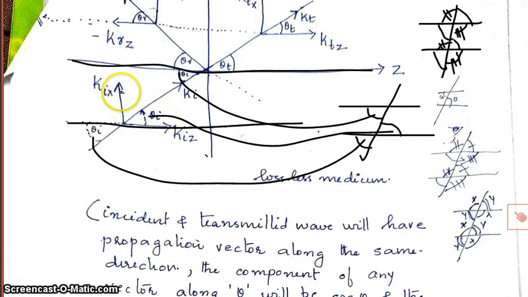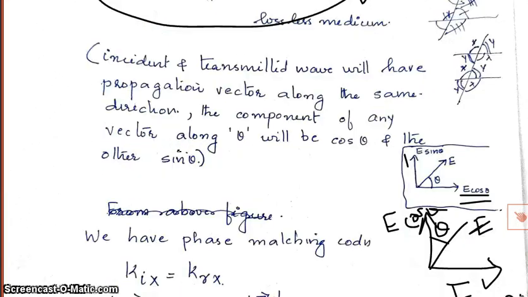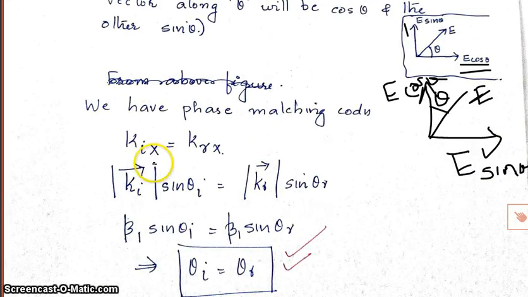So this is my KIX. What is the modulus of KIX? That is Ki, because you are splitting Ki into the two components KIX and KIZ. So KIX can be written as Ki into sin theta I. Similarly, KRX can be written as KR into sin theta R.